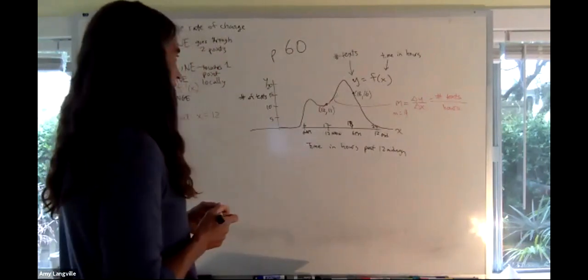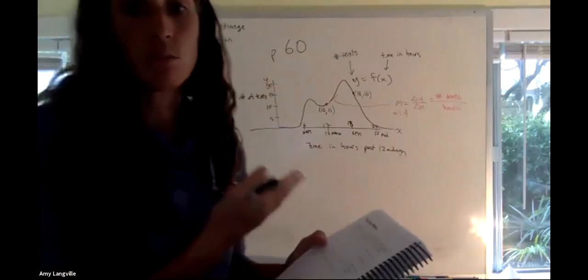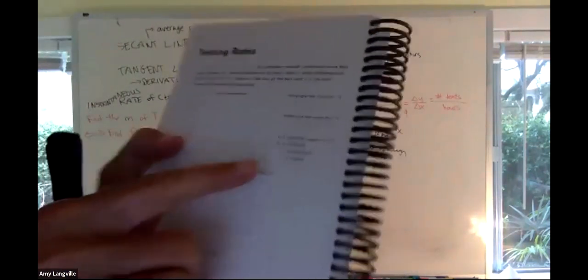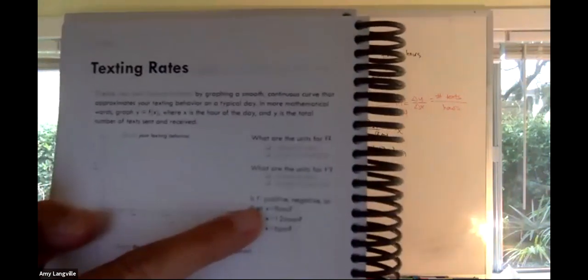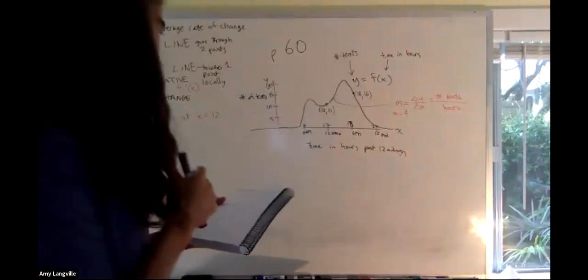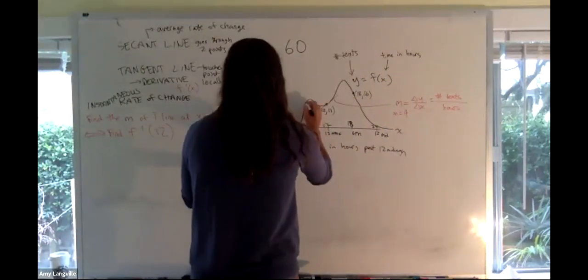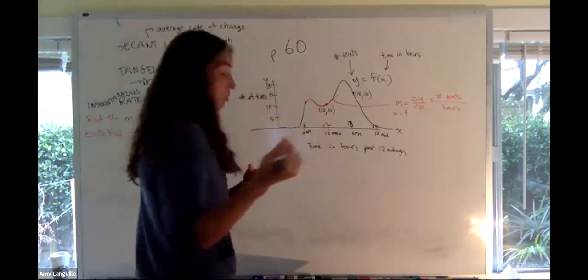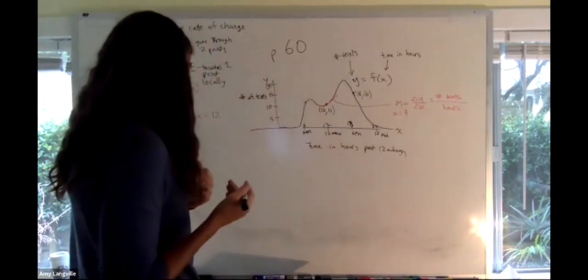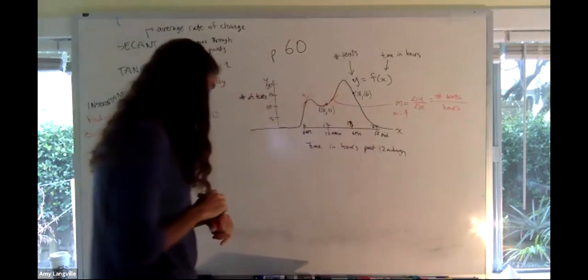Let's see, what else can we say from this graph? Oh, it asks the next question, and you can answer this for your specific graph. Is the derivative positive, negative, or 0 at these different time units? So it asks at 8 a.m. So that is about here on my graph, and you would do the same on your graph. At 8 a.m., the derivative is positive. So I would answer that because the slope is positive leaning.